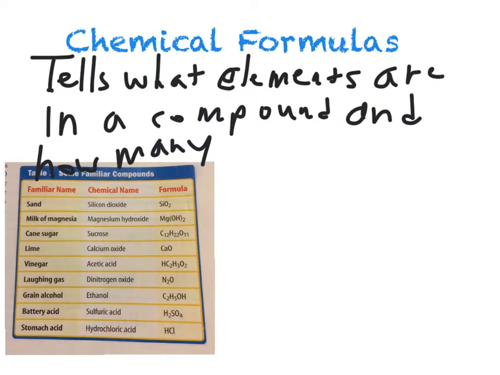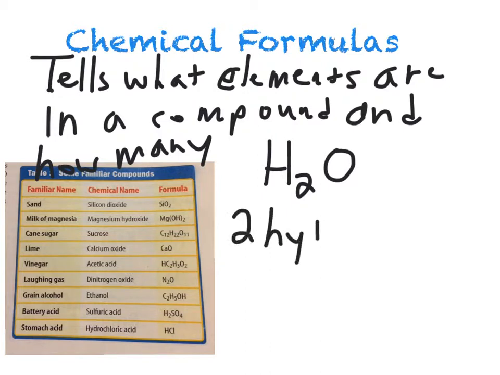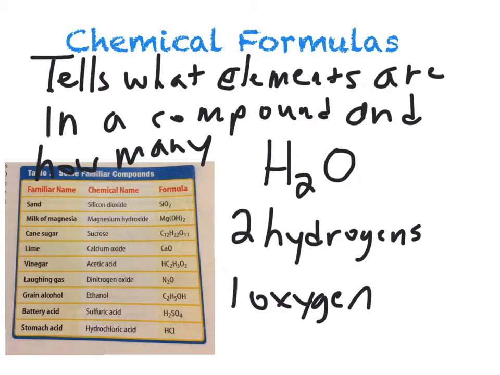One of the compounds that you are most familiar with is H2O. You don't need to write that down. But one H2O has two hydrogens and one oxygen. That's what this is showing right here. These are two hydrogens and then just one oxygen here.